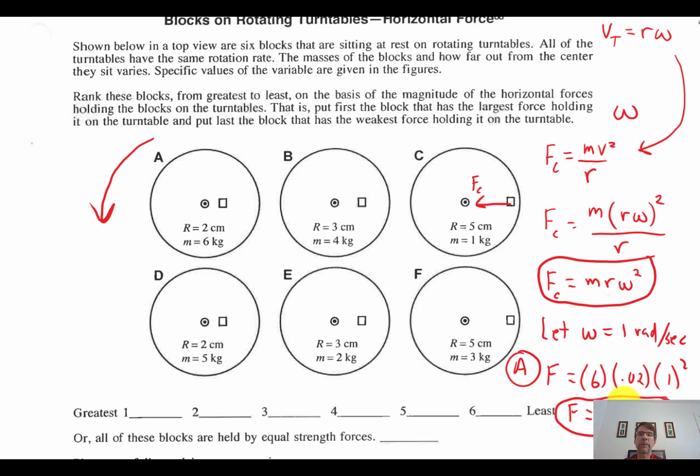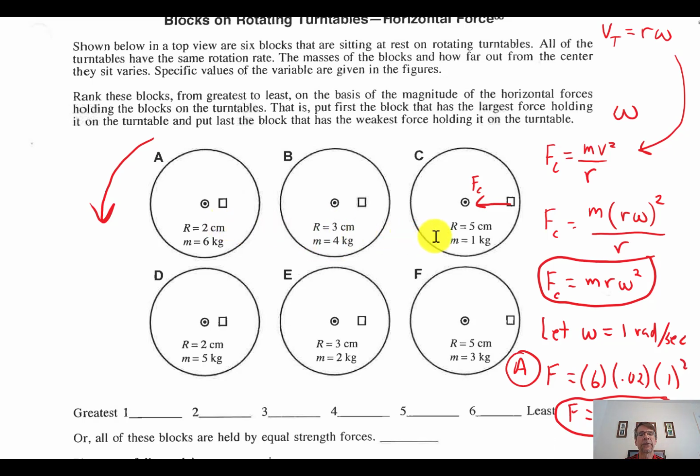Bottom line, all you end up doing is multiplying the mass times the radius to get the centripetal force. I'm not going to do them all for you right now, but we can do them in our head. For example, in part B, the frictional centripetal force would be 3 times 0.04, which is 0.12 as well. So that would give me the same answer as A.